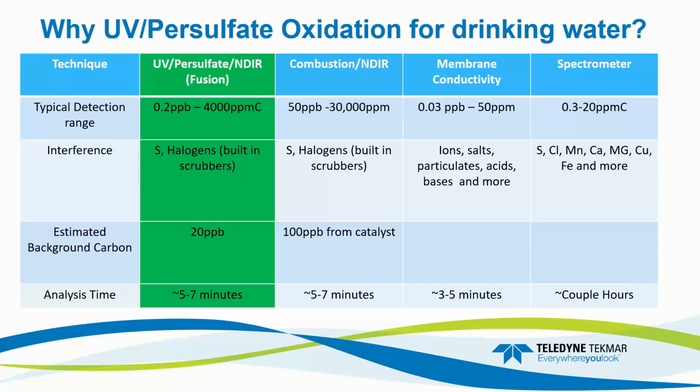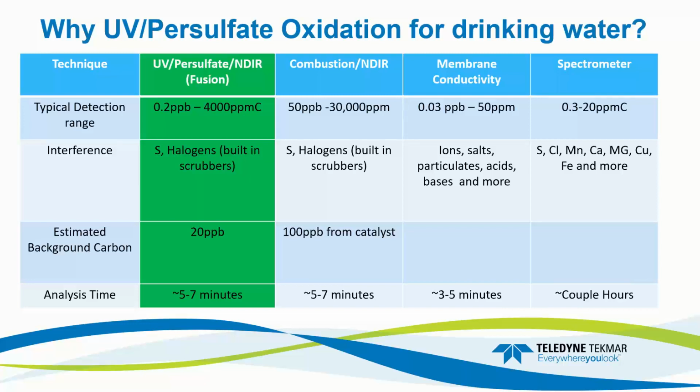Certain analysis techniques have different types of interferences, but we have scrubbers built in that prevent interferences within our system. When we compare estimated background, a combustion TOC shows anywhere between 100 ppb and 200 ppb of background contribution from the catalyst alone.